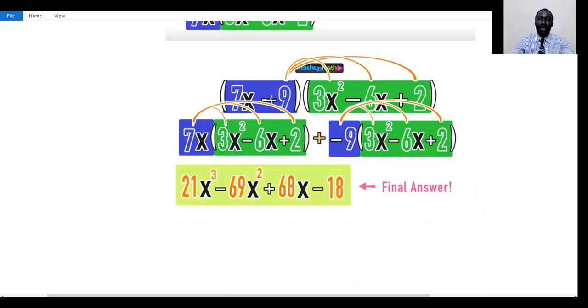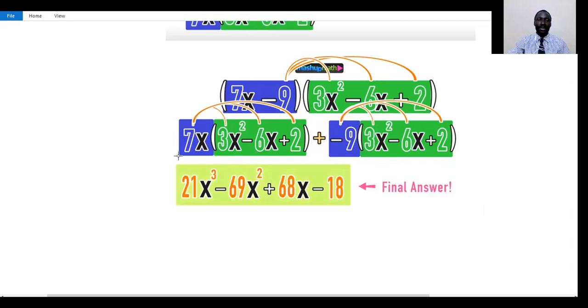Then we move to minus 9 here, that is plus minus 9. We again have to use it to multiply everything inside the second bracket. Now notice that even with that separation, we still have a lot of tasks ahead of us. We have to multiply 7x times 3x squared, then 7x times 6x, and later 7x times 2, which then simplifies.